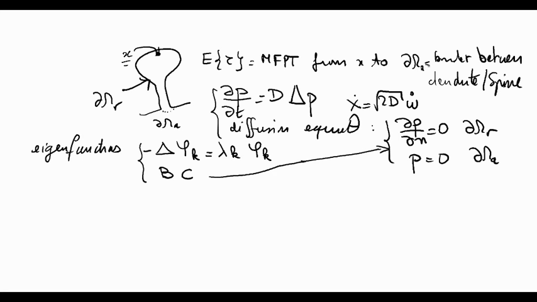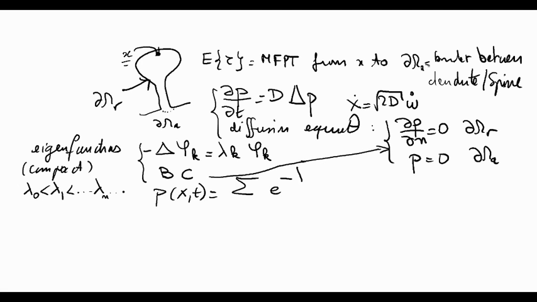This is a compact domain, so we know that the spectrum is discrete. You have the first one, the 0 one, the second one, and the spectrum goes to infinity. It's not clear how to calculate the spectrum, but the probability density function p(x,t) is the sum of the exponentials of minus lambda k t, phi k of x, with a coefficient ck, which can be written c0 exponential minus lambda 0 t plus c1 exponential minus lambda 1 t.